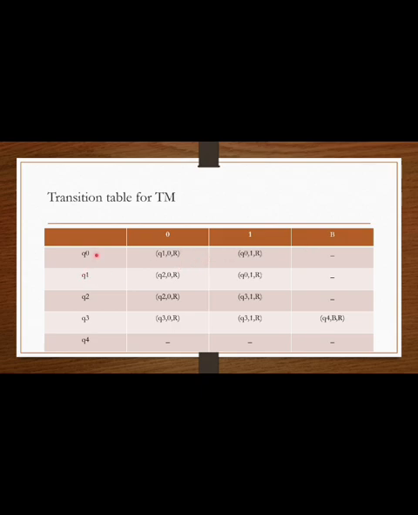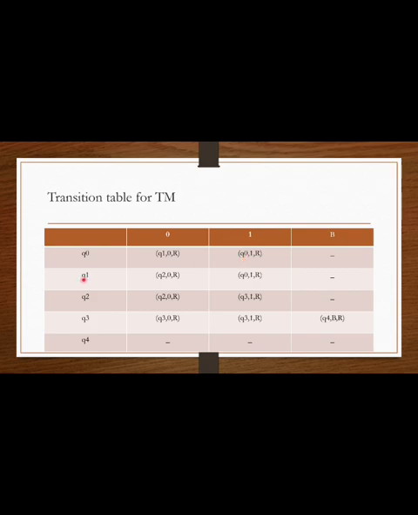Now the transitions. When the TM is in Q0 and sees the symbol 0, this may be the start of 001. So it writes back 0 unchanged, moves right and goes to the state Q1. And for the input symbol 1, 1 cannot start 001, so the TM stays in Q0 and keeps scanning.